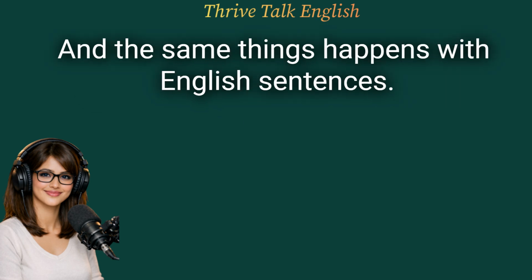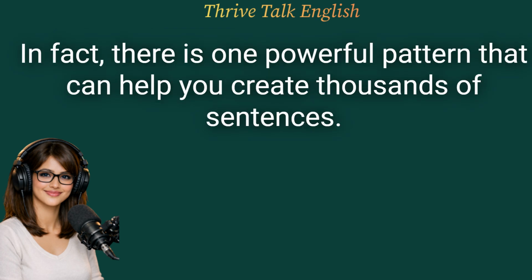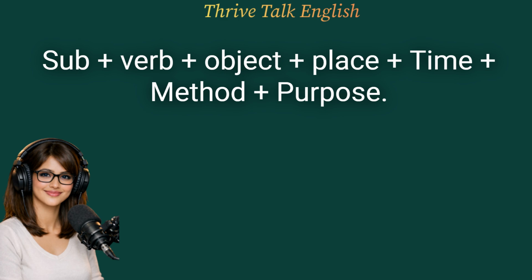And the same thing happens with English sentences. In fact, there is one powerful pattern that can help you create thousands of sentences. Subject plus verb plus object plus place plus time plus method plus purpose.